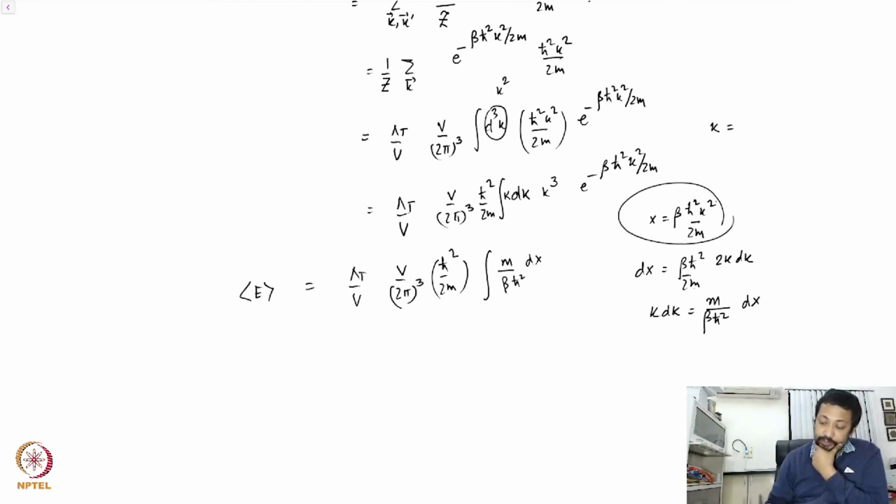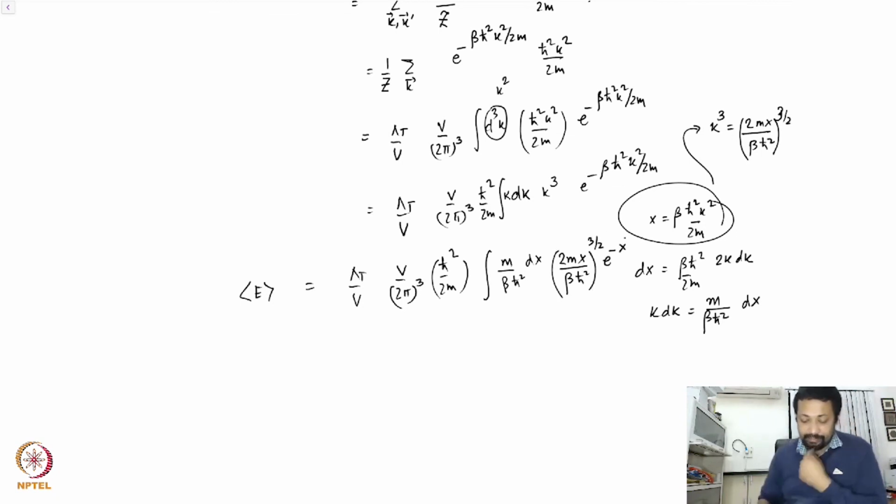From this substitution, I know that k is going to be twice mx over beta h bar square raised to the power half, so k cube is going to be this raised to the power 3 by 2. So I have twice mx over beta h bar square raised to the power 3 by 2 e to the power minus x, right?